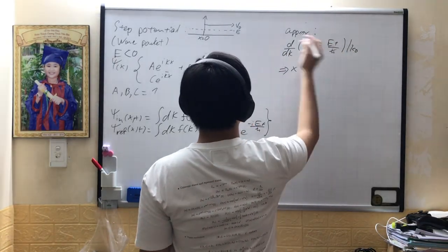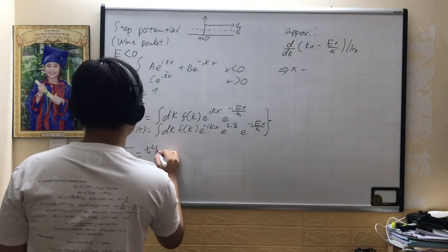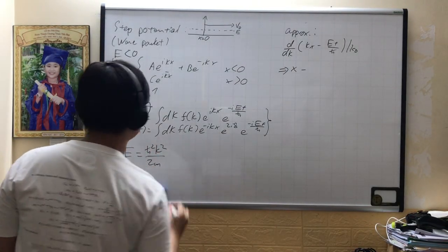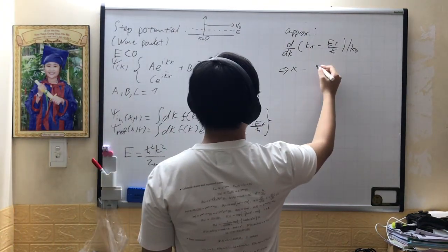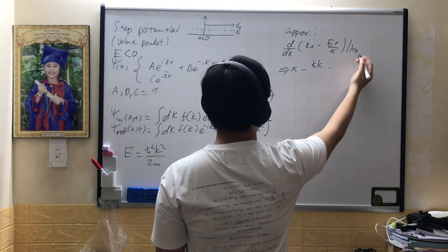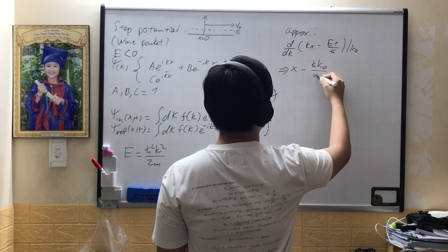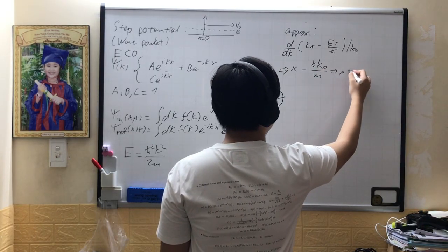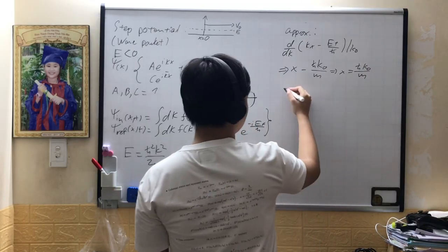We take E as ħ²k²/2m, and that would give us ħk, which we calculate is k0 over m. Therefore, x is equal to ħk0 over m t.